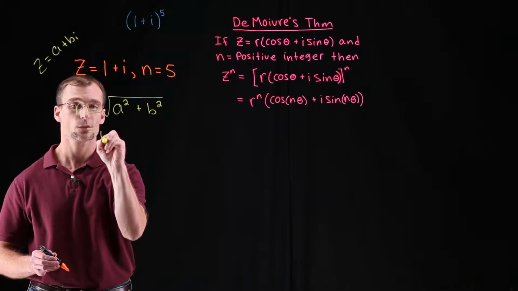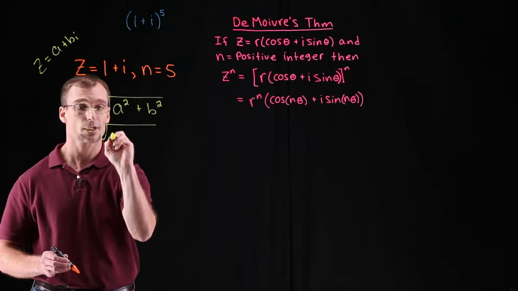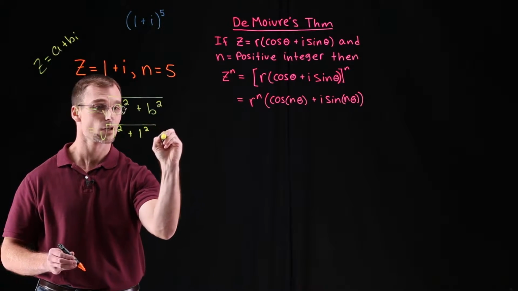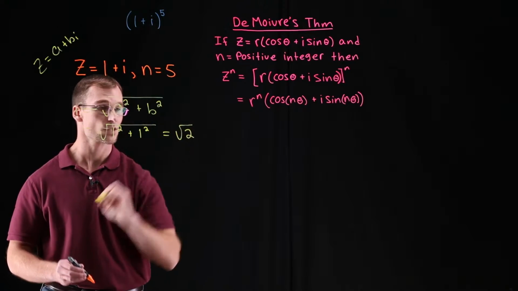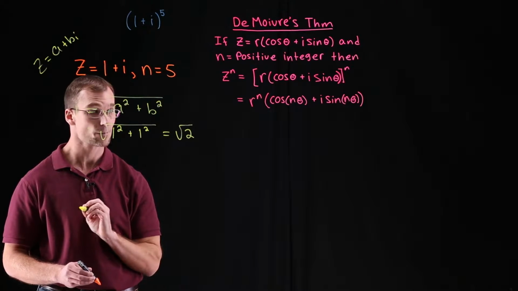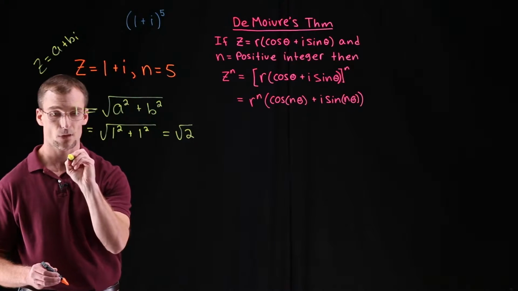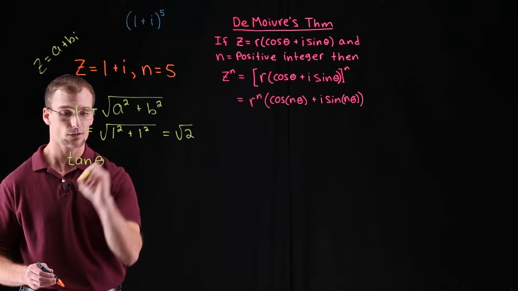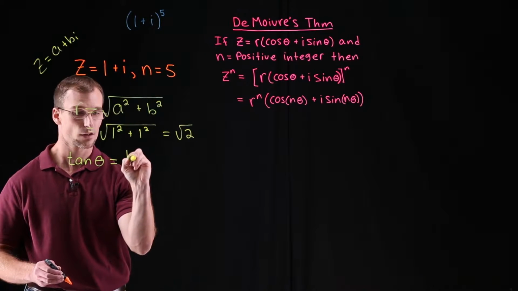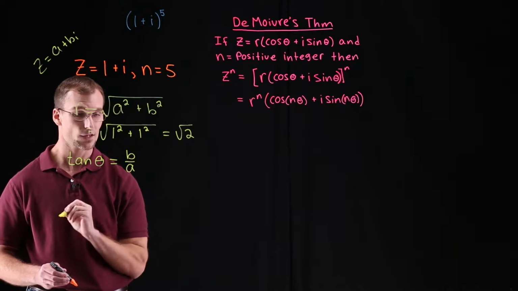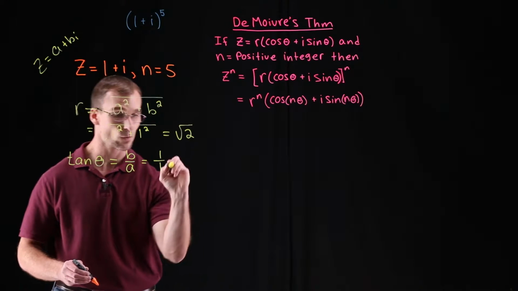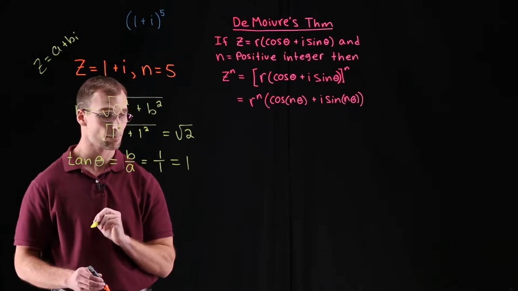So r is equal to the square root of 1 squared plus 1 squared, giving us the square root of 2. Now we want to find theta, and we can use the equation tangent of theta equals b over a, which is 1 over 1, or equal to 1.